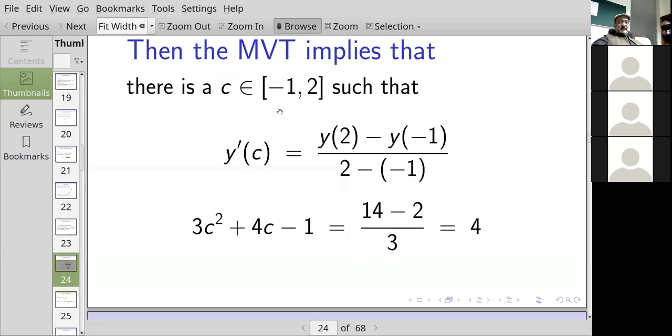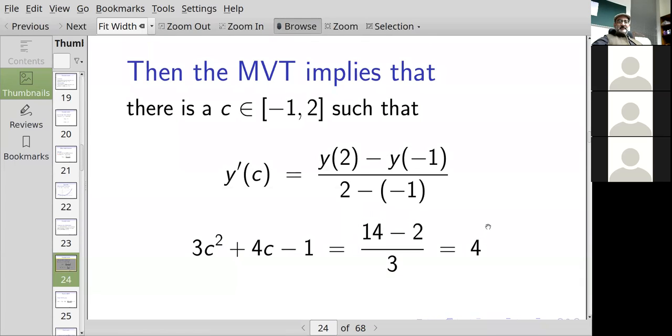This should be with round brackets, open minus 1 to 2. We have that for some c in open minus 1 to 2, 3c squared plus 4c minus 1 is equal to 4. That's what the mean value theorem tells you.